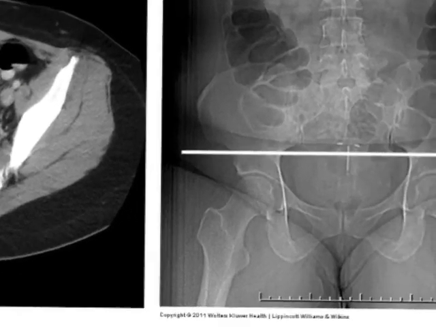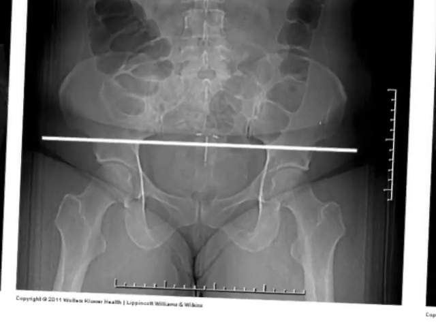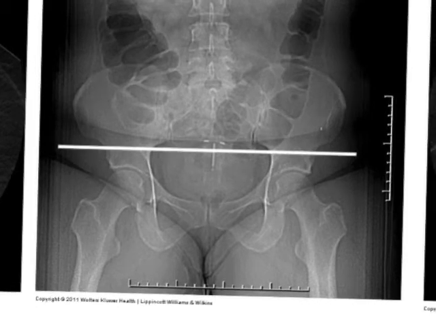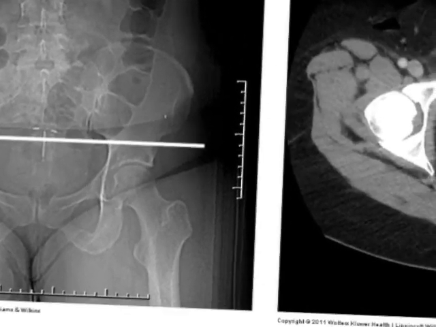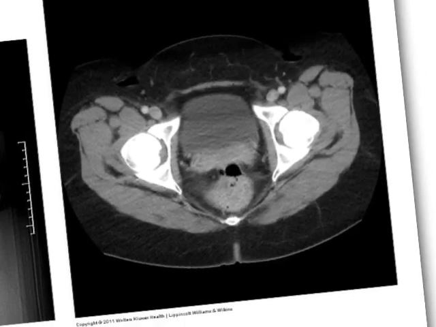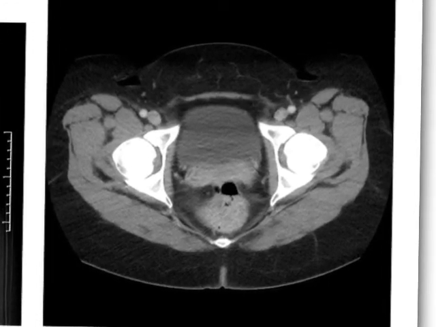Okay, traveling along, and we can actually see that IUD here now on the scout image. This will be our final image for the day. We have again the bladder. This here is the left external iliac artery, and the left external iliac vein.